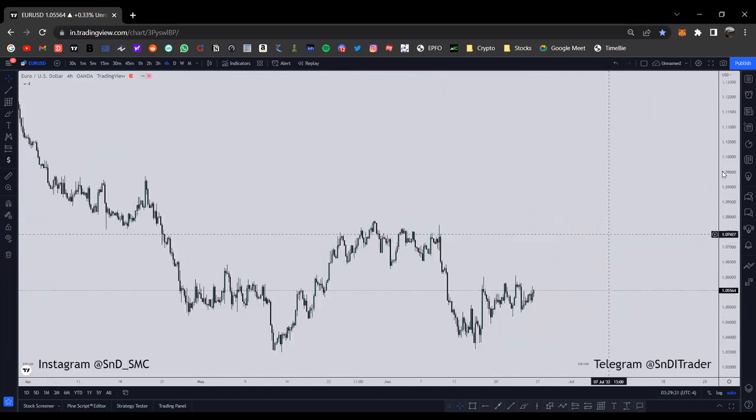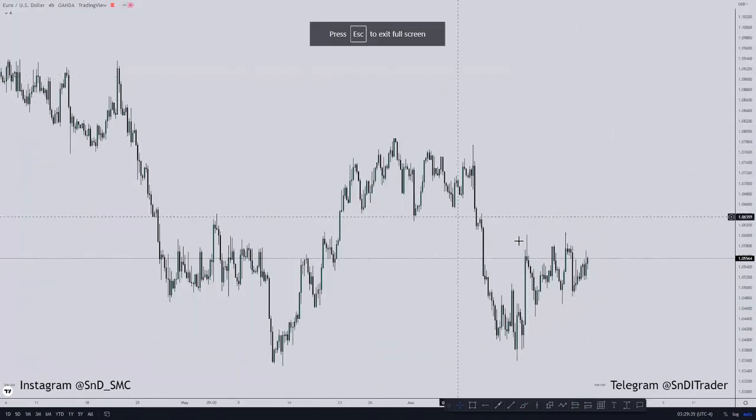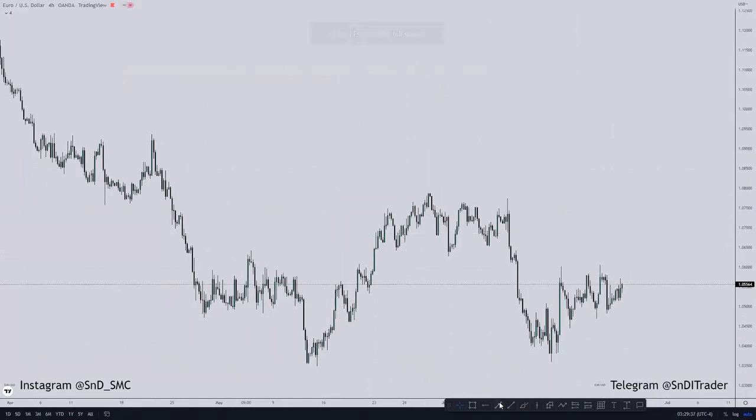And we have another formation of QML here. You see, we have lower high, lower low, lower high, lower low, lower high, lower low. This is a higher high. So after formation of this higher high, we have the lower low.